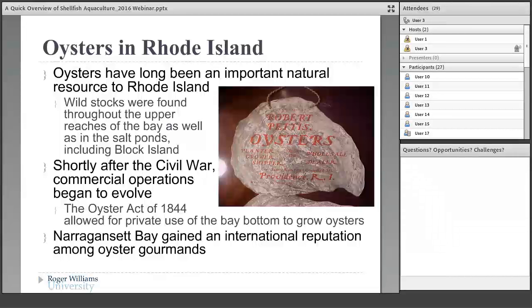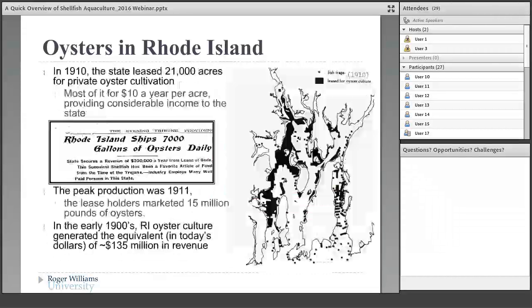Shortly after the Civil War, the oyster became commercially important to the state. The Oyster Act of 1844, that was later amended in 1864, allowed the private use of the bay bottom to grow oysters. And so with this, Narragansett Bay became internationally renowned as a place to grow very well-received oysters for consumption.